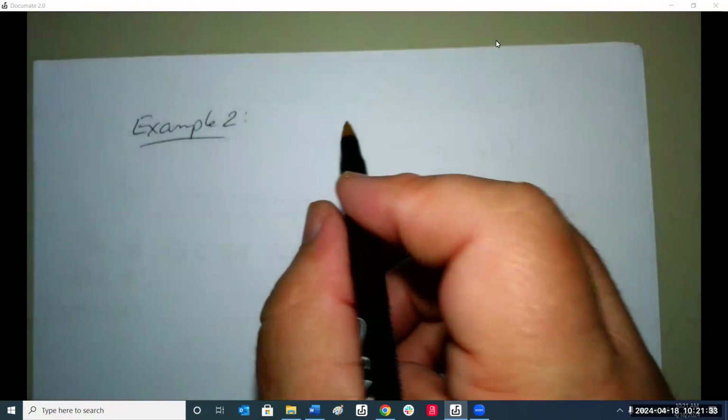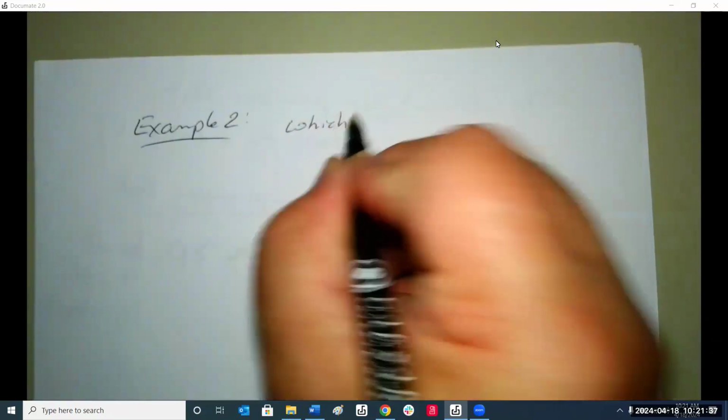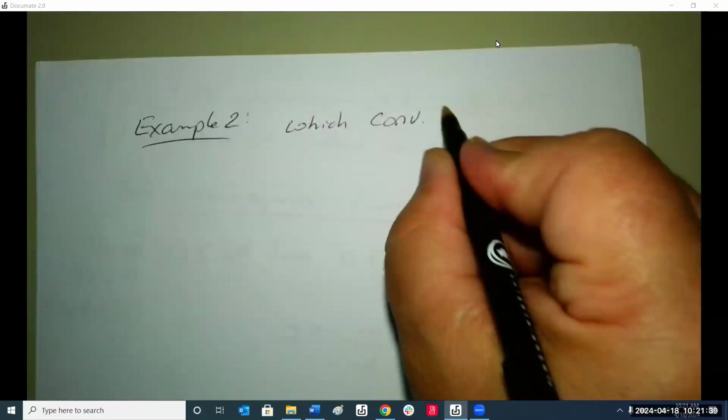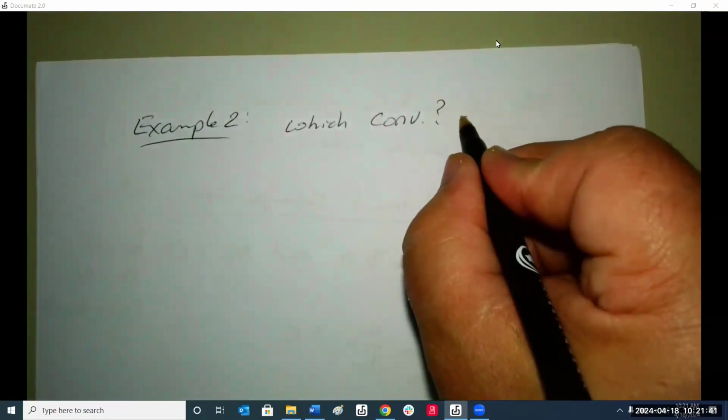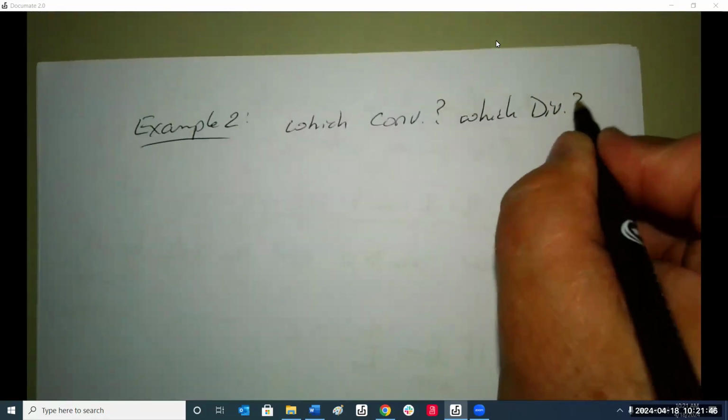So example 2. Which converge, which diverge?